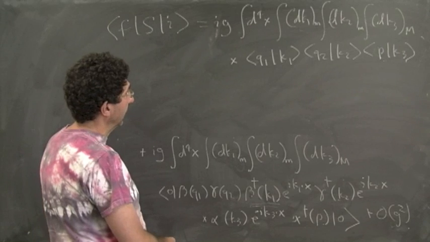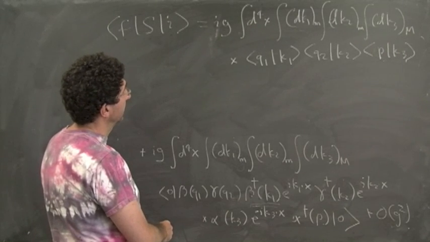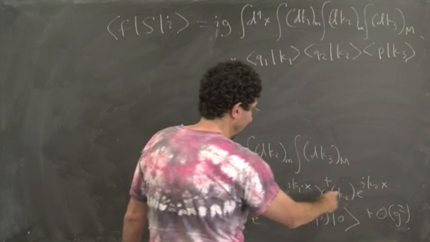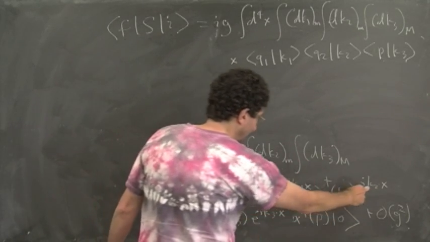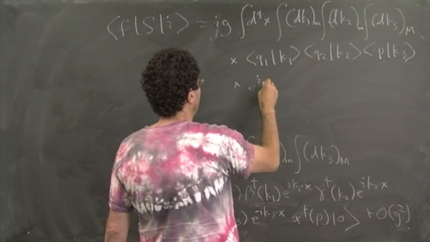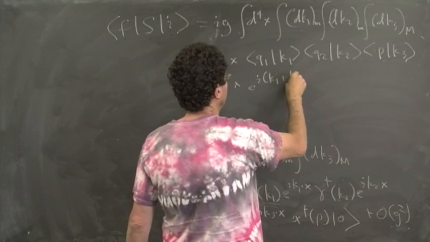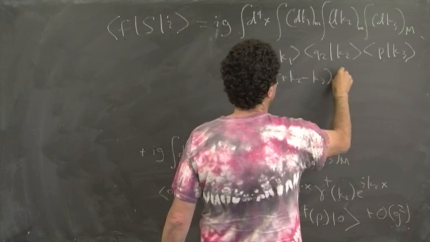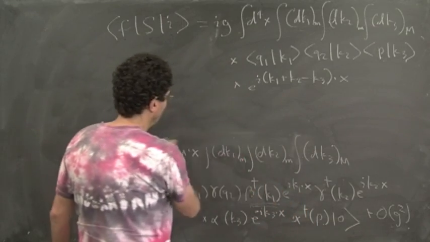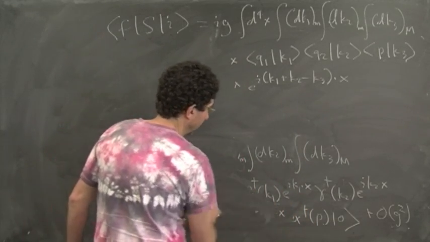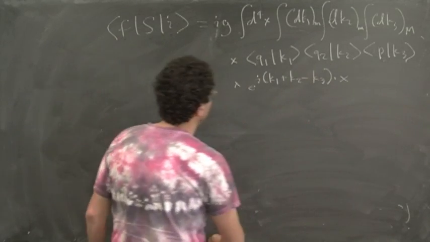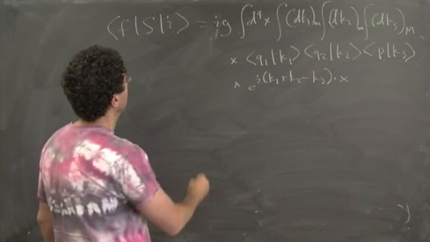And then I have the exponential terms, right? So I have e to the i k1 dot x, e to the i k2 dot x, and e to the minus i k3 dot x. So I have a factor of e to the i (k1 plus k2 minus k3) dot x. All right, so I have 3 momentum integrals and 3 delta functions, so I can just do all of the momentum integrals immediately.